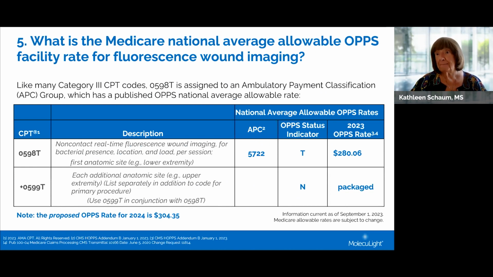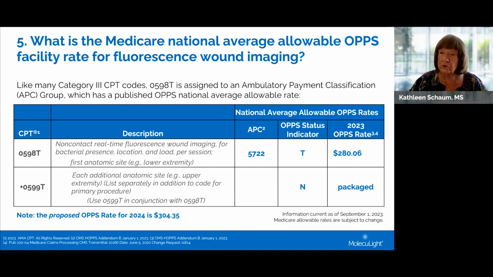Frequently asked question number 5 is, what is the Medicare national average allowable OPPS facility rate for fluorescence wound imaging? As you probably know, the Outpatient Prospective Payment System, better known as OPPS, assigns codes that require similar resources to groups called ambulatory payment classification groups. Then each APC group has a published national average allowable OPPS payment rate.